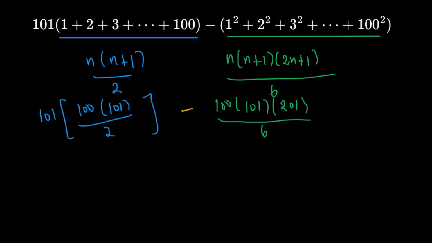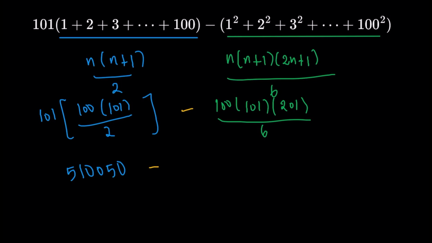For the first one, you can work out the math. That would be equal to 101 squared times 50. So 101 times 101 times 50 gives us 510,050. Now, for the second term, we can cancel some things out here.